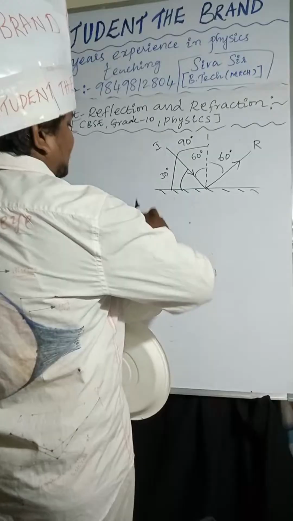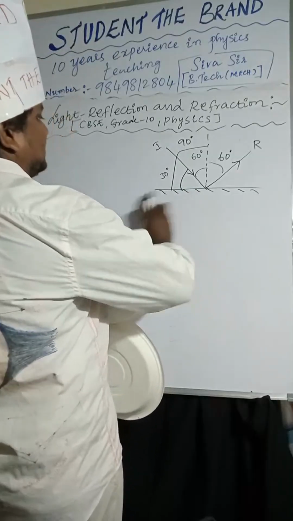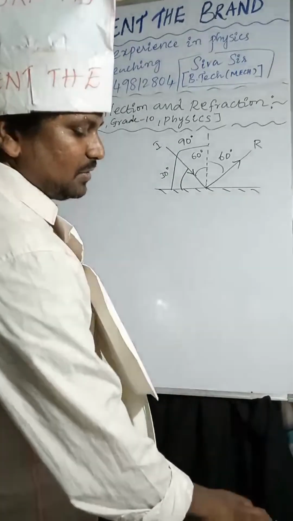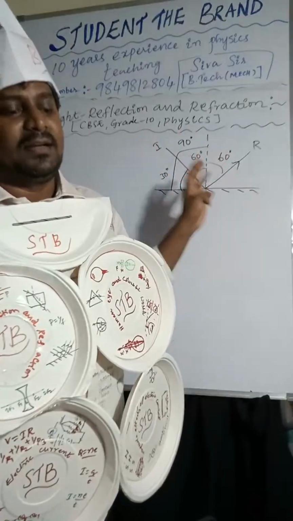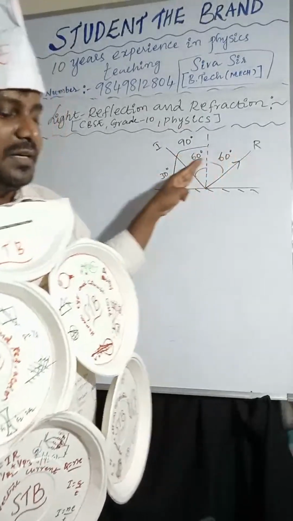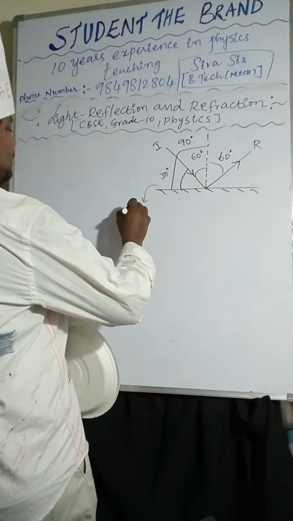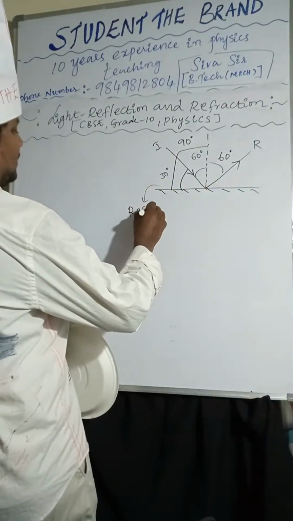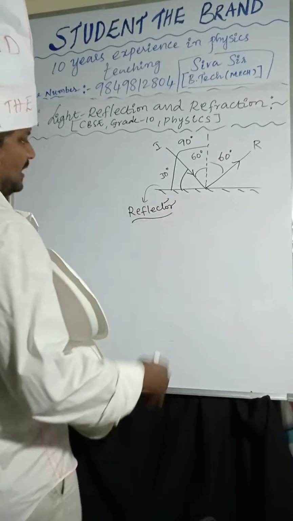The light which is reflecting back, the surface where the reflection is taking place, is called a reflector, because it is reflecting the light ray.